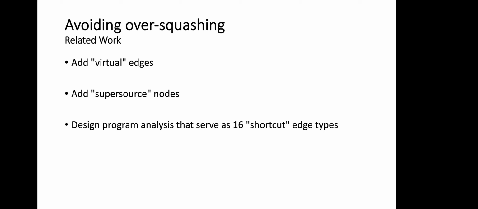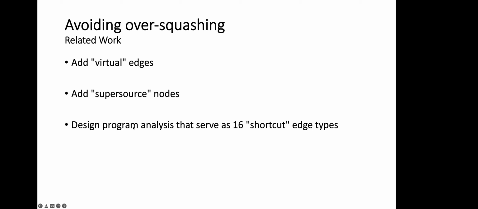There is some previous work that explores how to avoid over-squashing by various means. Some work adds virtual edges to shorten long distances, and some work adds super source nodes to avoid this problem.